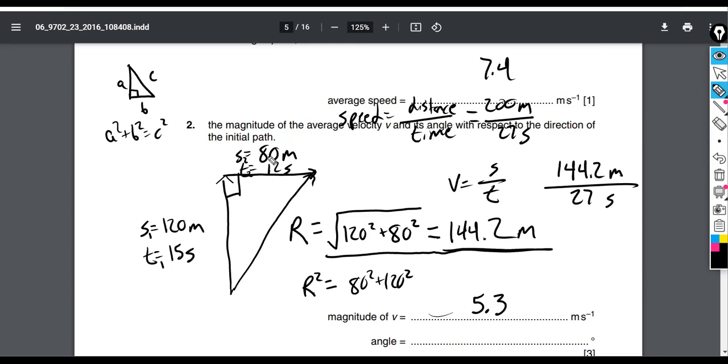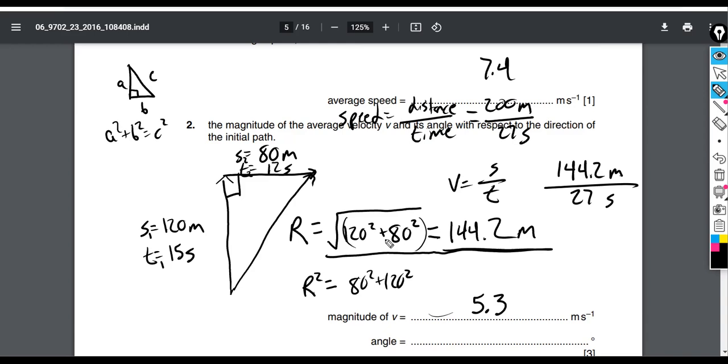A squared, 80 squared, that's the distance. B squared, 120 squared, equals R squared. Then to solve for R, we just take the square root of both sides. So R is equal to the square root of all of that. Type it in your calculator and follow order of operations: 120 squared plus 80 squared gives you a certain number, and take the square root of it.